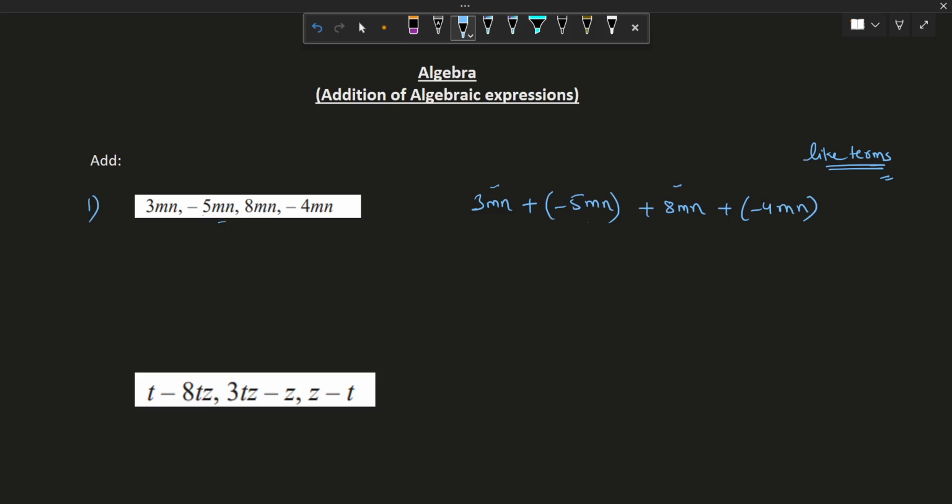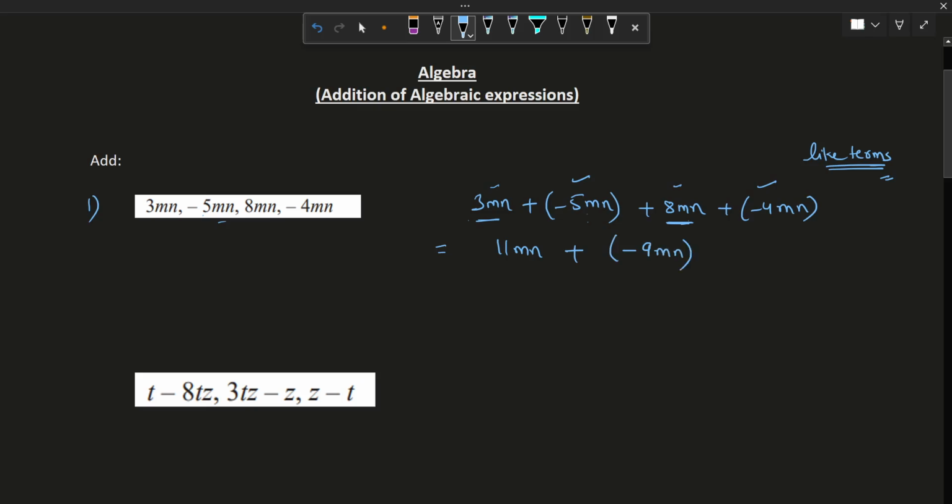So here the easy step is to add both the positive terms, like terms 3 and 8. You can add them. It's 11mn plus, what is the sum of minus 5 and minus 4? You have to take care of integers here. Two negative numbers when added, you do addition only and the sign comes negative.